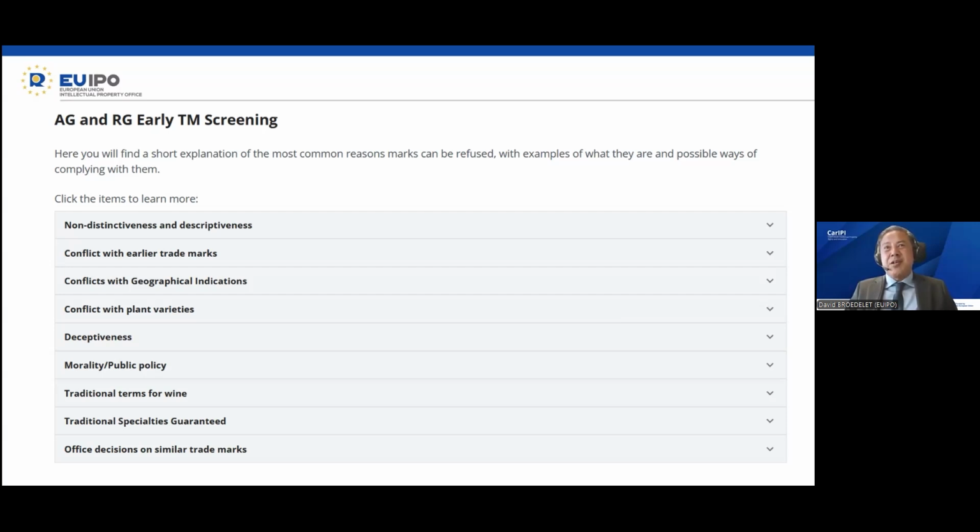This tool is made for applicants, but also made for law firms, because I can imagine that not all law firms are specialized in, for example, wine terms or geographical indications of plant varieties. So this is meant for applicants and also for the law firms.